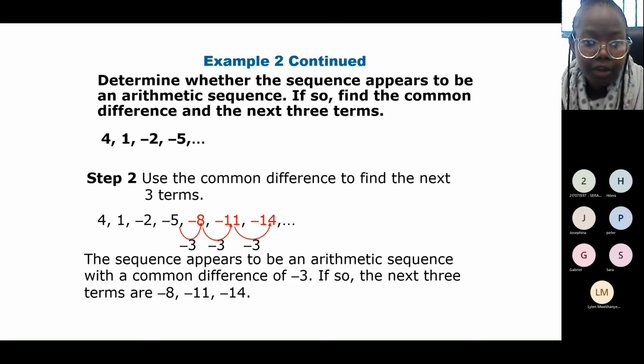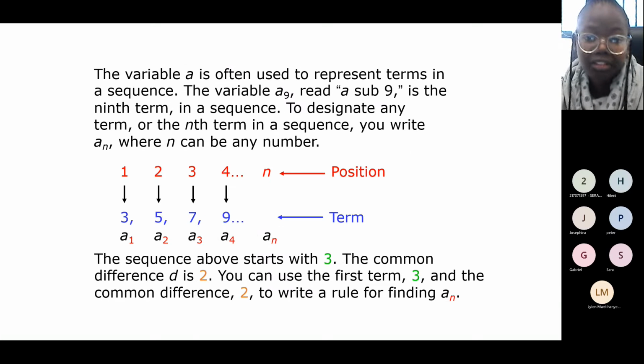Okay, moving on. This is just a definition. The n is usually based on the position of the term. If this is 1, 2, then 2 is the second term, depending on its position.